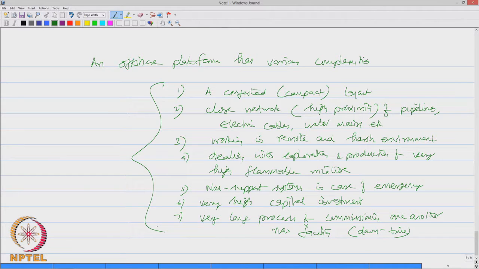All these factors will make an offshore asset or a platform to remain very complex.